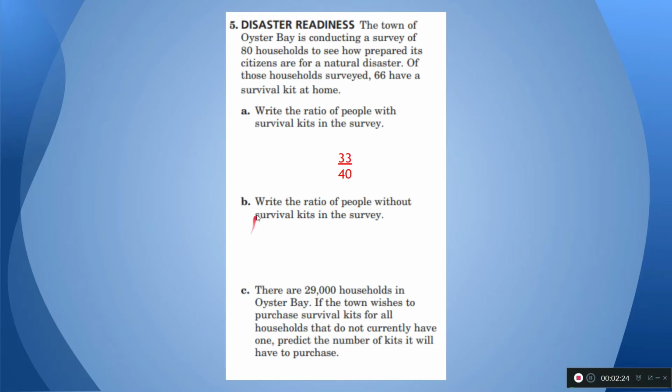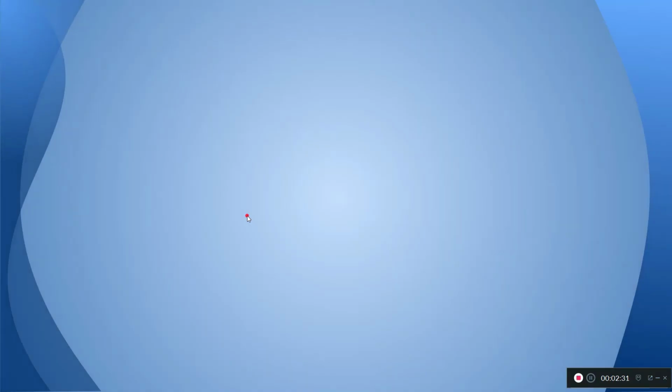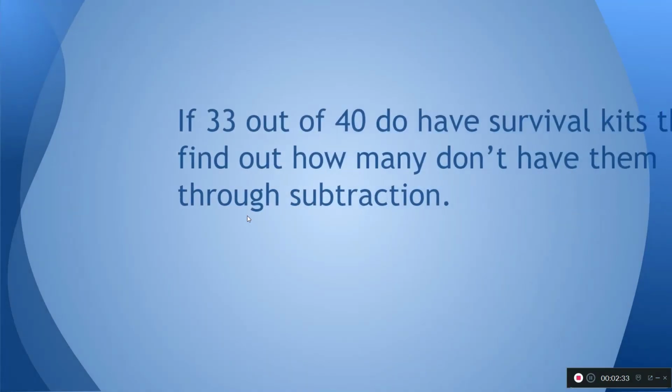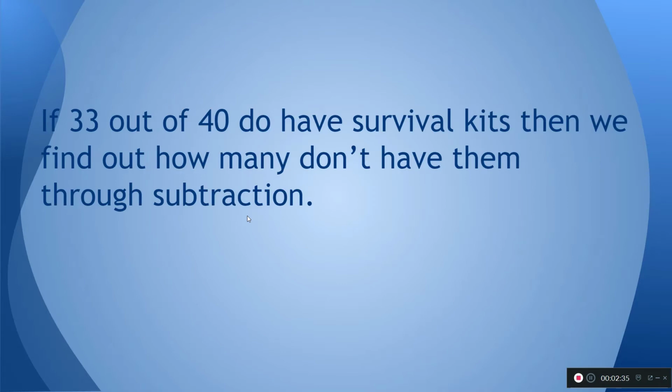Let's do B now, where it says write a ratio of people without survival kits in the survey. If 33 out of 40, the ratio that we came up with, do have survival kits, then we have to find out how many don't have them, and we can do that through subtraction.